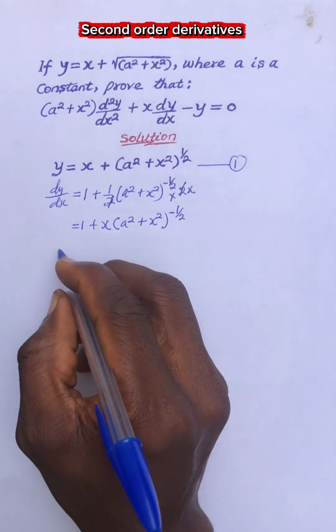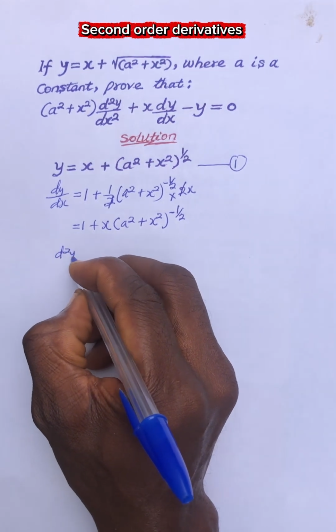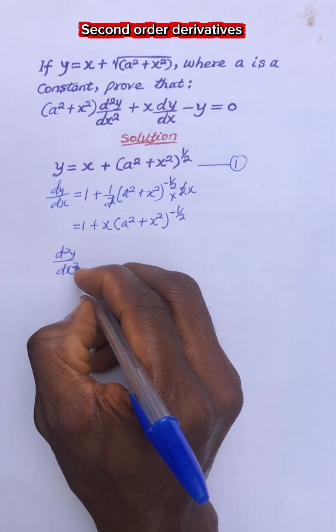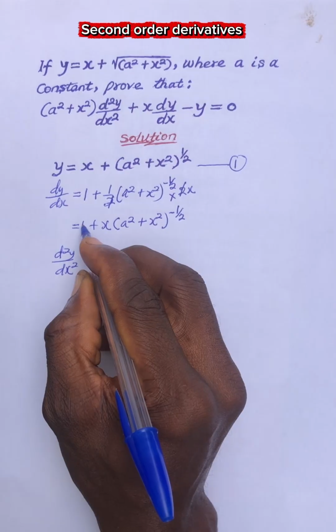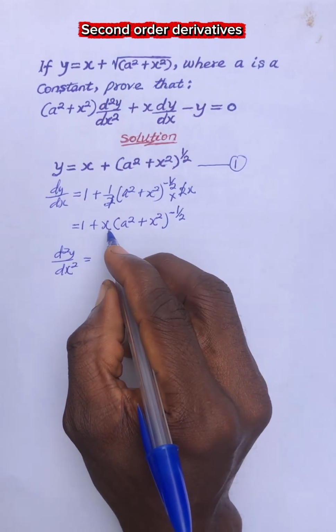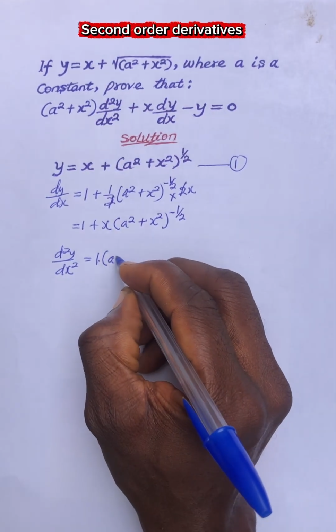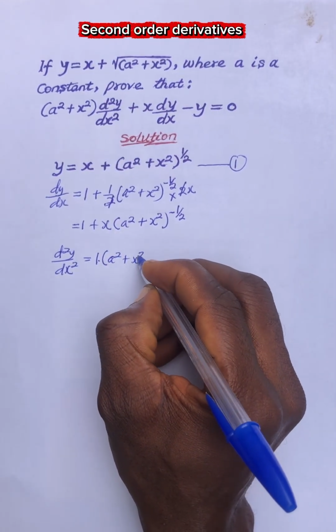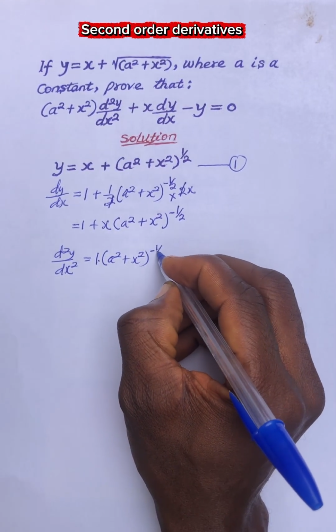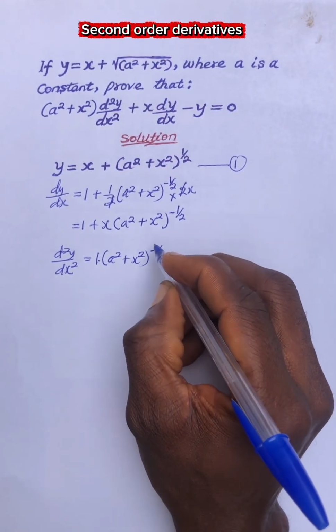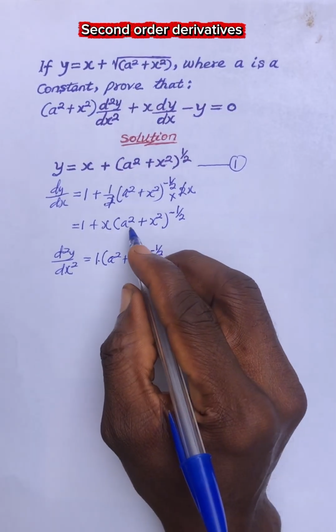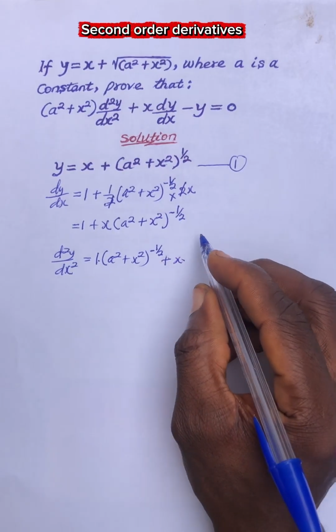Now we're going to take the second order derivative, d squared y over dx squared, equals 1 is a constant, that becomes 0. So we use product rule. We differentiate the first, which is x, 1, and write down the second, (a squared plus x squared) all to power minus half, then plus, write down the first, x, times differentiating the whole of this to bring down the negative half.